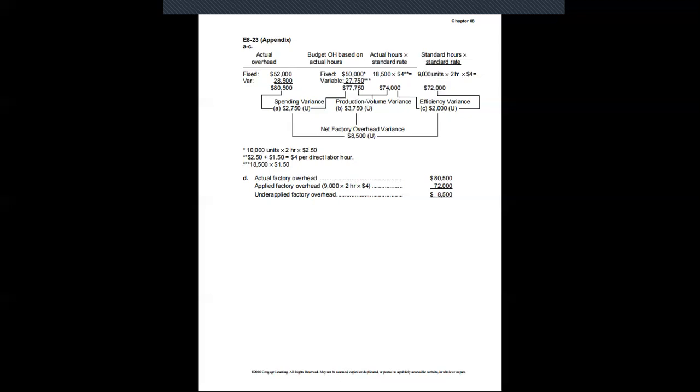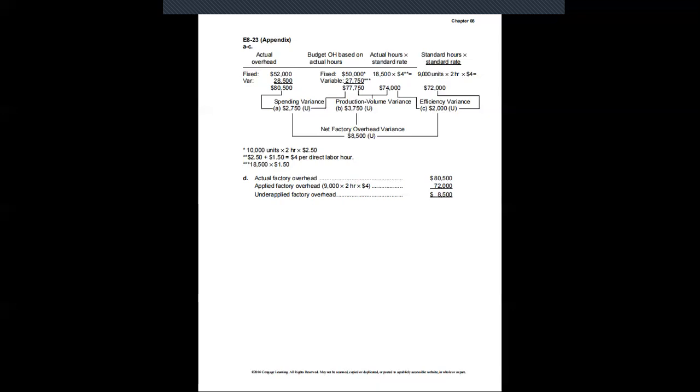And standard hours times standard rate, 9,000 units times 2, 18,000 times 4 equals 72,000. So the spending variance is 750, production volume variance is 3,750 and efficiency variance of 2,000 unfavorable.